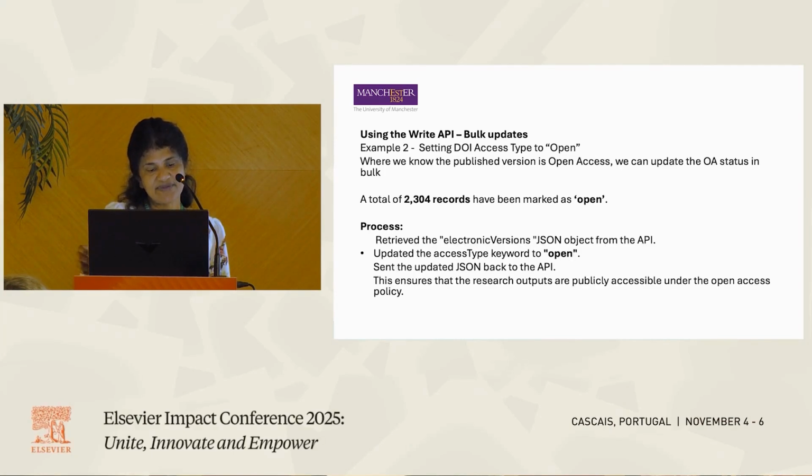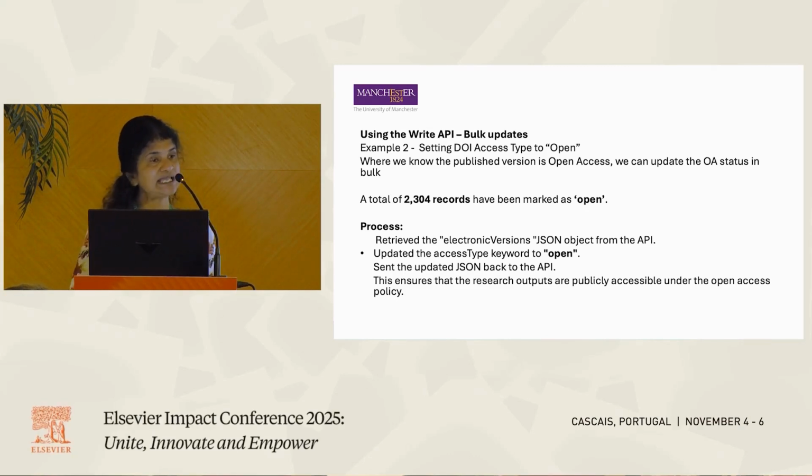This is another example of using the Write API for bulk updates. What we are doing is setting the DOI access type to open for records where the published version is open access. In total, around 2,300 records were updated in bulk. The process is quite straightforward.